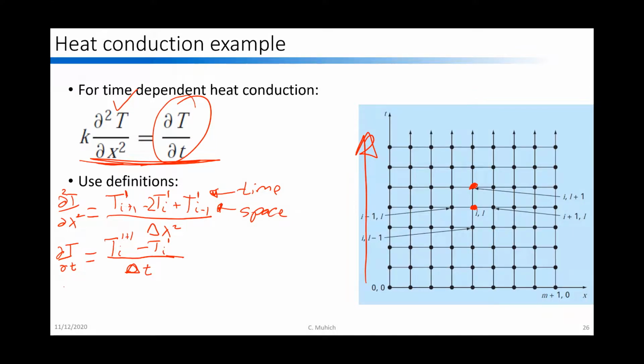I can get k times T_{i+1} at time L minus 2 T_i at L plus T_{i-1} at L, over delta x squared, is equal to T_i at L plus 1 minus T_i at L, over delta t.